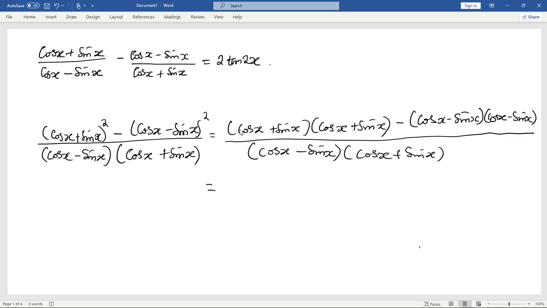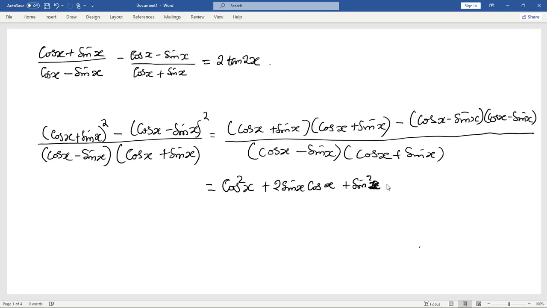So now on top we're going to have cos squared x plus cos x sin x, and cos x sin x again, so meaning that we're going to have 2 sin x cos x, plus sin squared x.